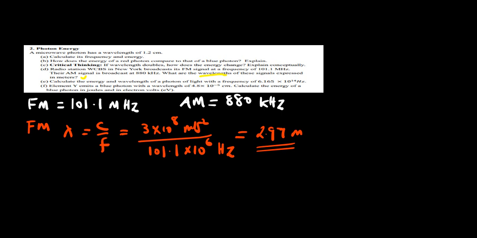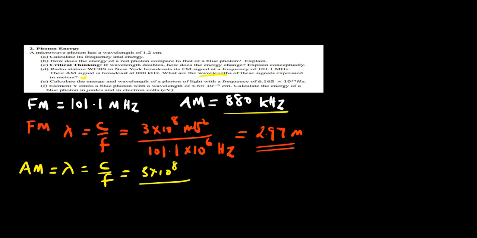Then what about for the amplitude modulation? We are saying the wavelength is equal to the speed of light over the frequency. The speed of light is 3 times 10 to the power 8 meters per second, divided by the frequency we've been given, which is 880 kilohertz. So I'll write that 880.